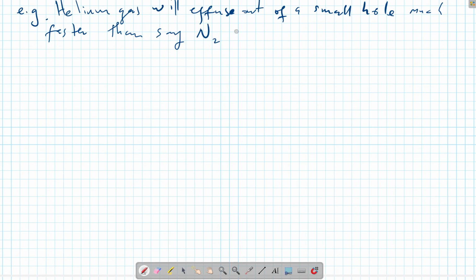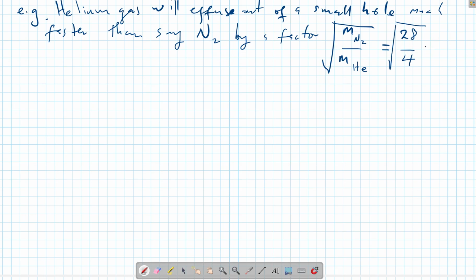How much faster? By a factor. So you can use the inverse proportionality relation: the mass of the nitrogen molecule divided by the mass of helium, and we take the square root. This is 28 divided by 4, about 2.6 times faster. So this is one example.